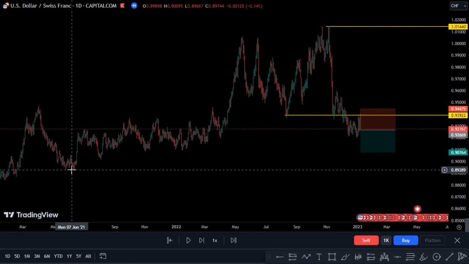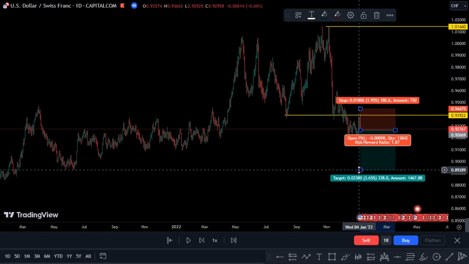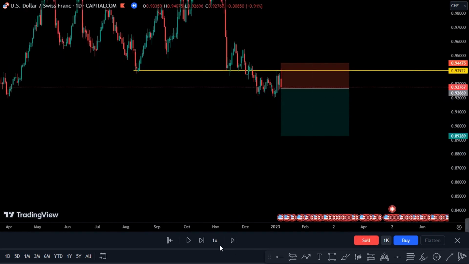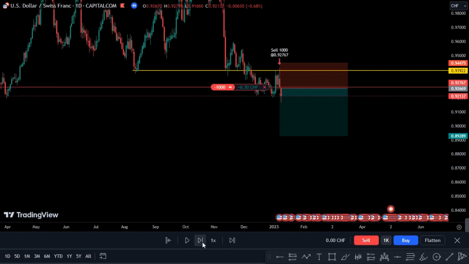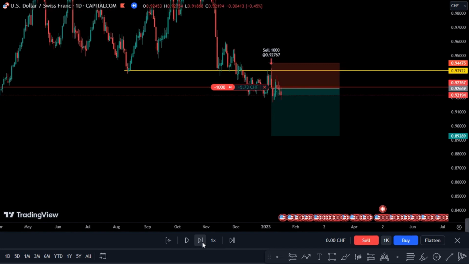We would use this area, right here, as our TP. Okay, we take a short, and then we let the market do its own thing.